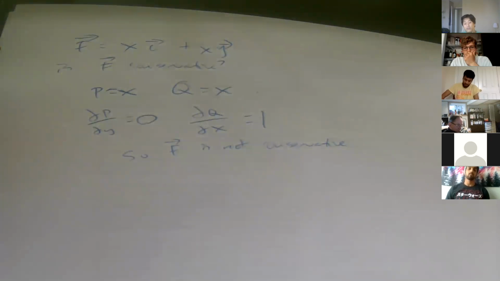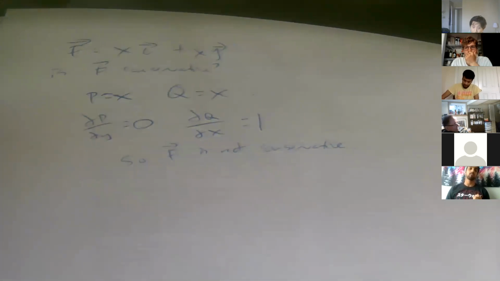What do we think? Wouldn't you also check if it's path dependent and then say it is conservative? Okay, well, that's one way to do it. If it's path independent over a nice region, it's definitely conservative already. So I don't need to check the derivatives at all. But checking path independence is very hard.